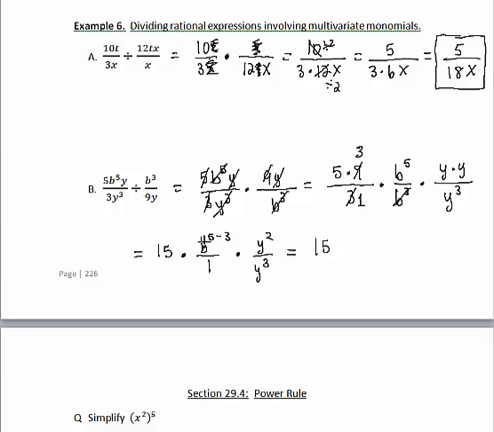So we'll go through and change a little bit more, get it closer to the final answer. We can subtract the 5 and the 3 for the b and get a b squared. And then we can simply say on the bottom, the y to the third is bigger than the y squared, or there's more y's, exponent's bigger. And with the 2 being smaller than the 3, we just simply subtract the 2.